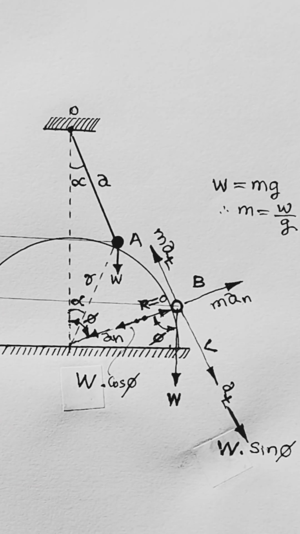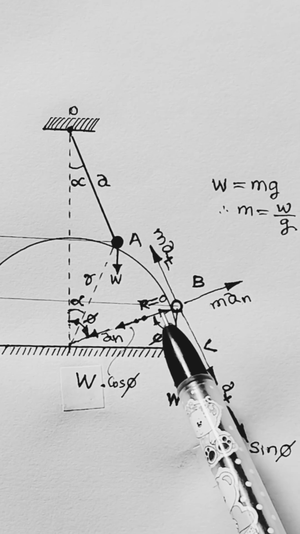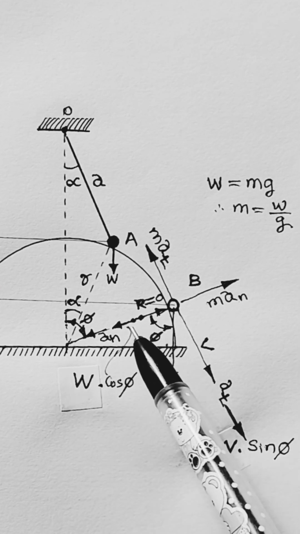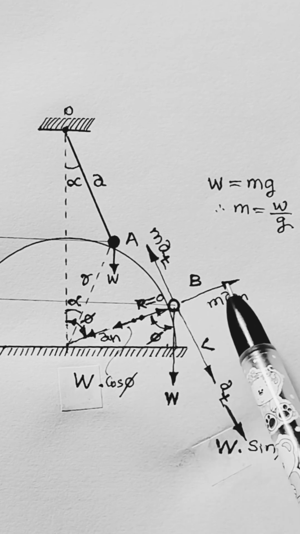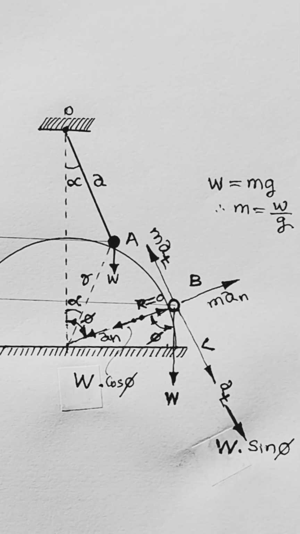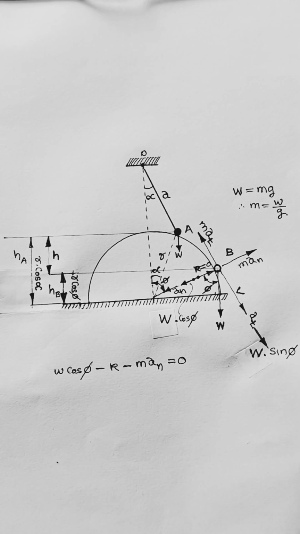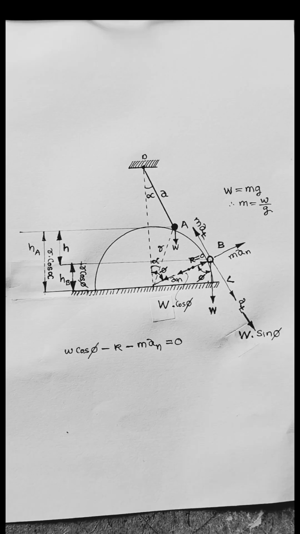When you apply summation of the forces along the normal direction, we consider the force directed along the normal acceleration direction as positive. The force acting opposite to the normal acceleration is considered as negative. So that we can get the final equation along the normal direction, where R is 0 and m is W by g.